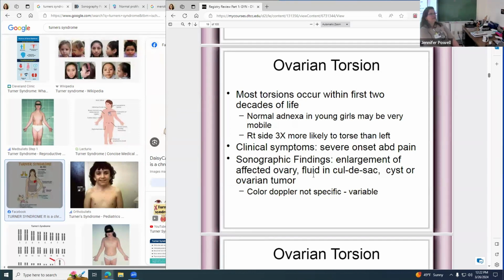Sonographic findings: enlargement of the affected ovary, fluid in the cul-de-sac, cyst or ovarian tumor. Many times that ovary is edematous and enlarged. And if you put color Doppler on, you shouldn't see any color flow. It's not good enough, when you're trying to rule out torsion, to just get an arterial flow.